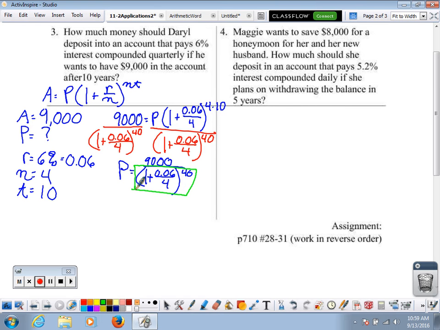There's a button on the calculator that looks like this: X to the negative 1. Push it and hit enter, and you should have something pretty close to 0.5. Now leave that number on the screen and just do times 9,000.